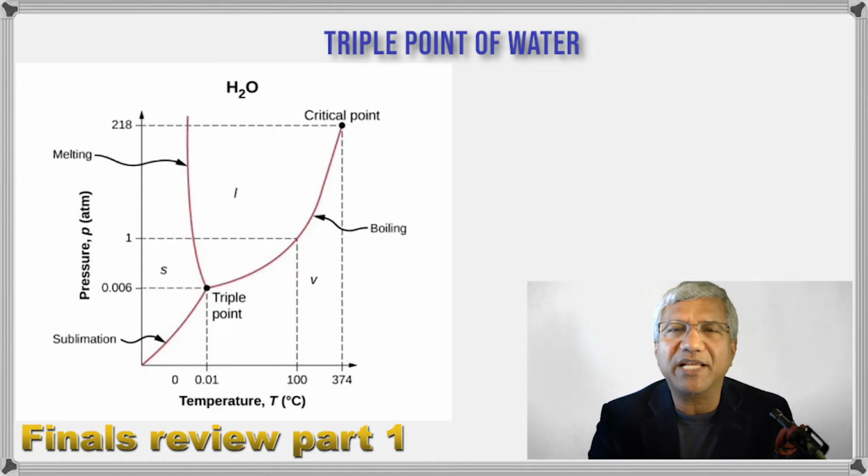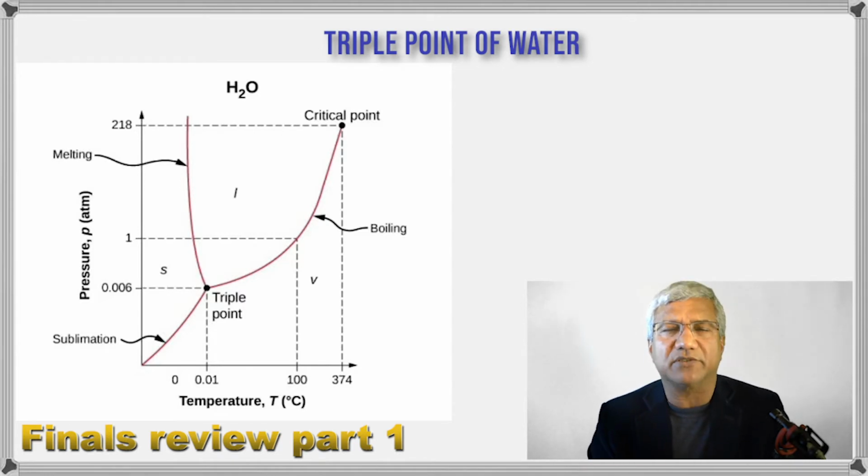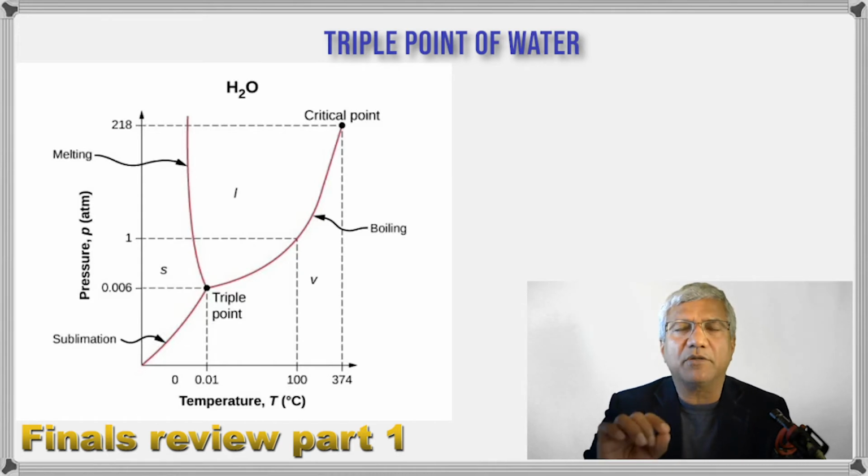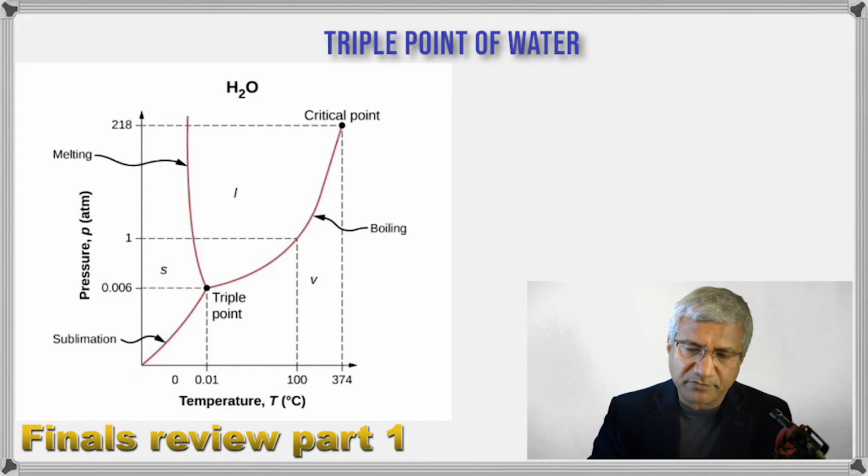So as the pressure increases, the boiling point of water also increases. That's the advantage of using a pressure cooker. Because the steam gets collected in it, the pressure increases, so water boils at a temperature higher than 100 degrees Celsius, and by the time it boils, the food is cooked. So remember that the boiling point and the freezing point both depend on the pressure.